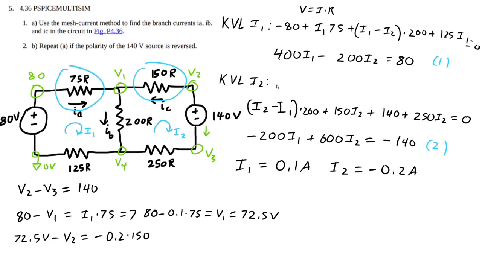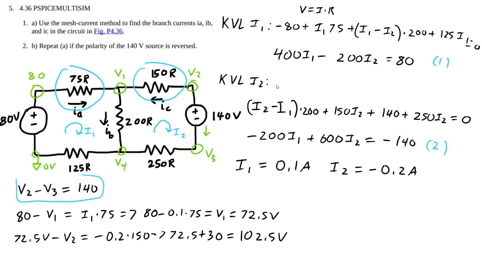So V2 is going to be 72.5 minus, well, it's going to be plus actually because minus. So 0.2 times 150, so negative 30, and then subtract negative 30 from both sides, you're going to get plus. So V2 is going to be 30 plus 72.5, or 102.5 volts.